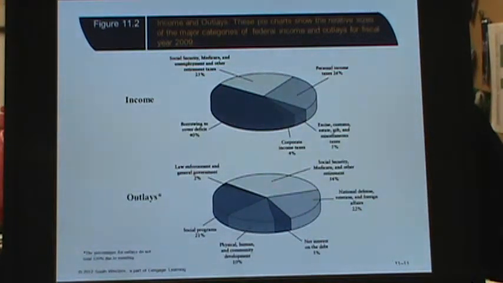Our government expenses consist mostly of 34% Social Security, Medicare, and retirement, 22% national defense, foreign affairs, and veterans, 21% to special programs, 10% to physical, human, and community development, 5% to interest we pay on the debt, and then 2% to law enforcement and general government.